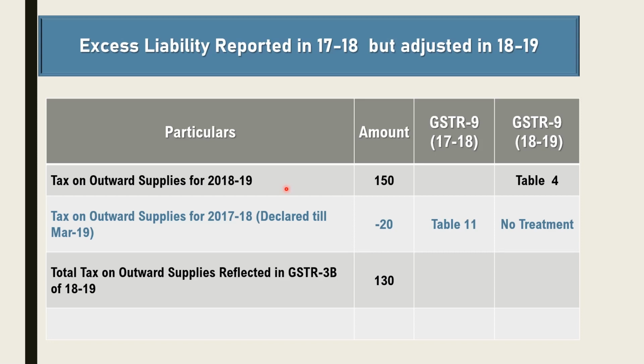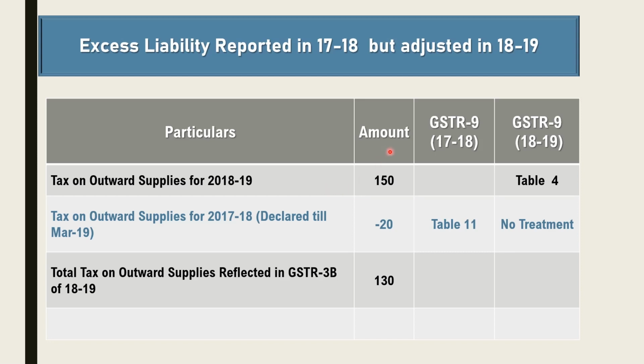So there is a negative figure of 20 rupees. Actual liability of 17-18 was 100 rupees but it was reported as 120 rupees in 17-18, and that 20 rupees has been adjusted in GSTR 3B of 18-19 up to March 19.